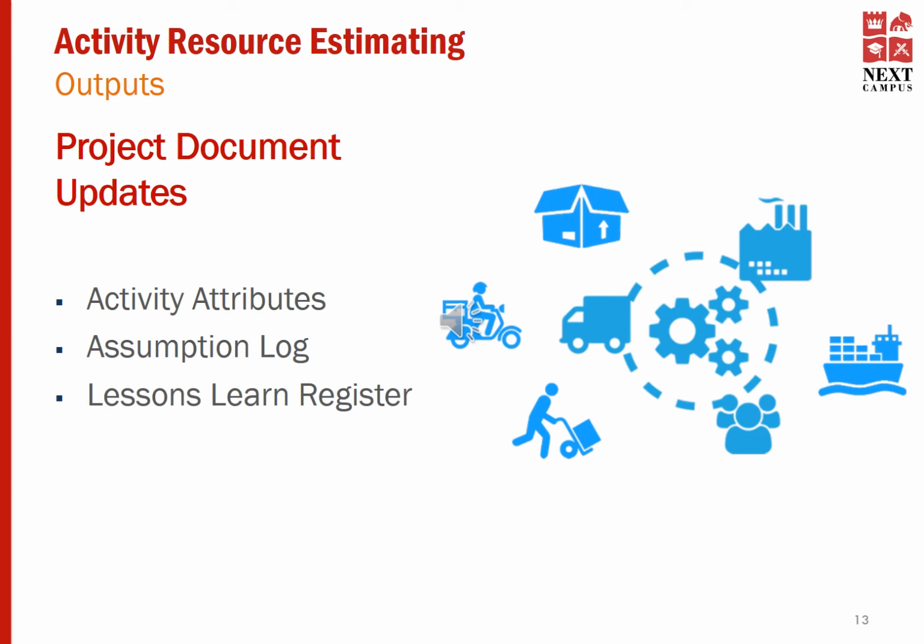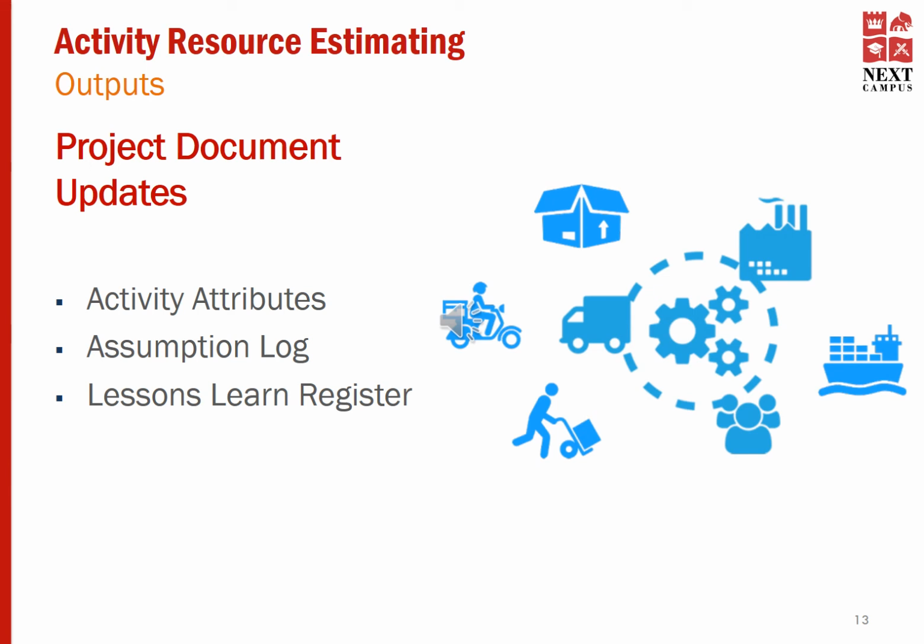And then you need to update the lessons learned at the end of the estimate activity resources process. You may particularly pay attention to the risk register and explicit knowledge that is gained. Explicit knowledge is knowledge that is directly available and documented.